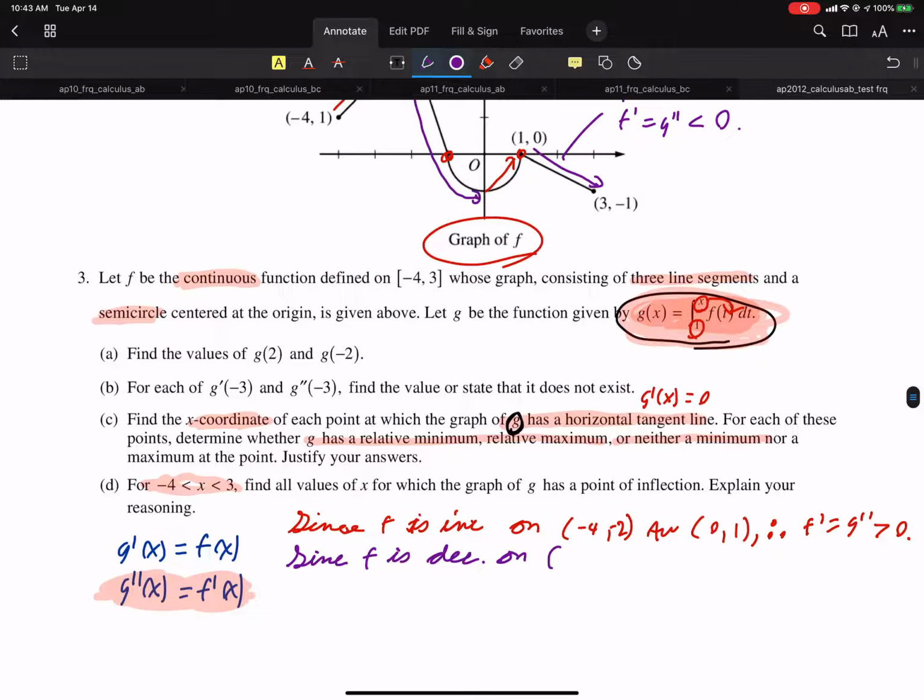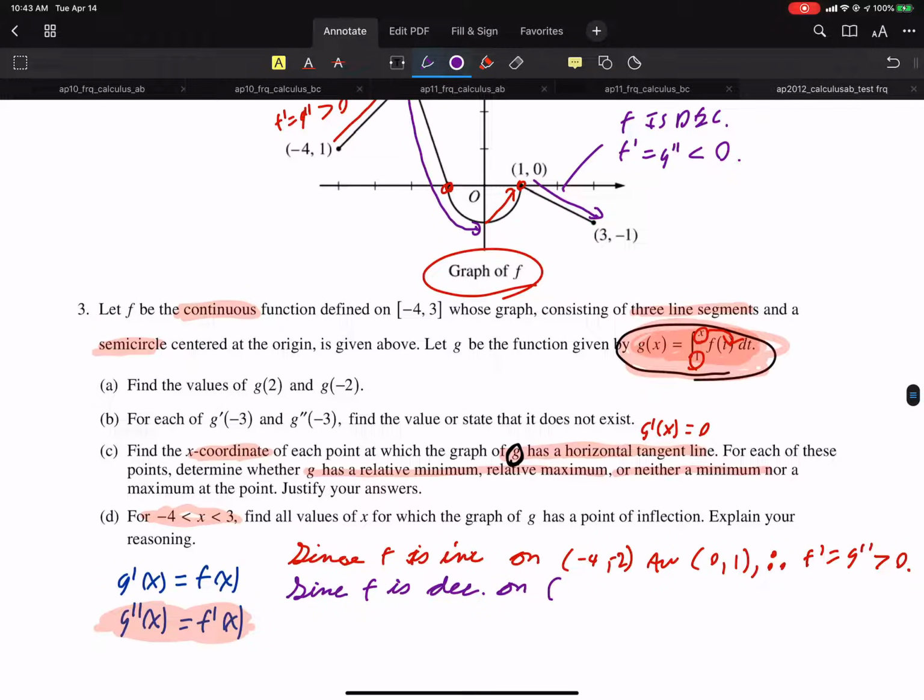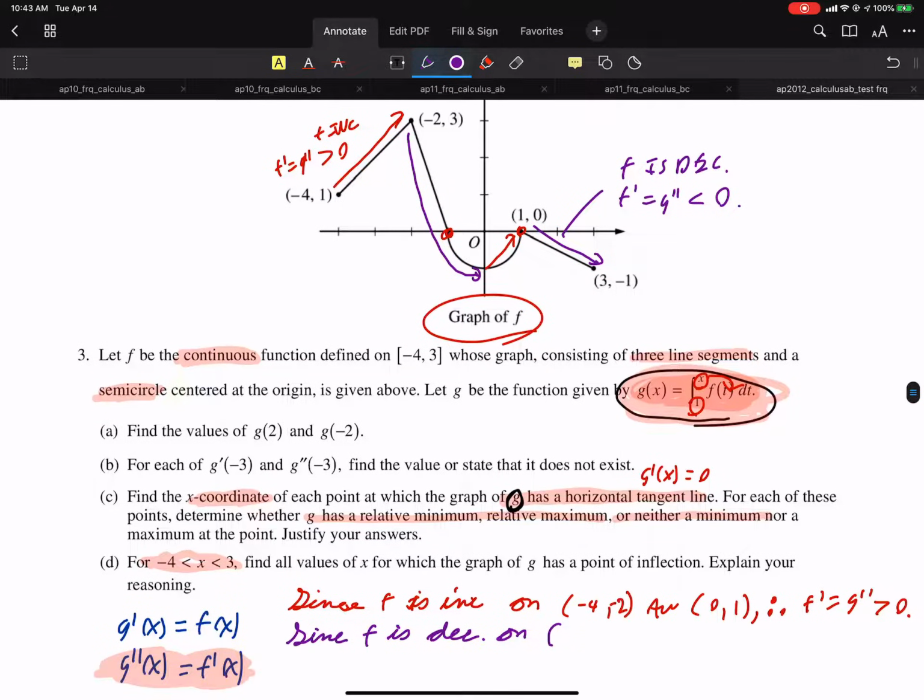Everything's much better. So f is decreasing from -2 to 0 and 1 to 3. Therefore, the derivative of f, which is G double prime, is negative.